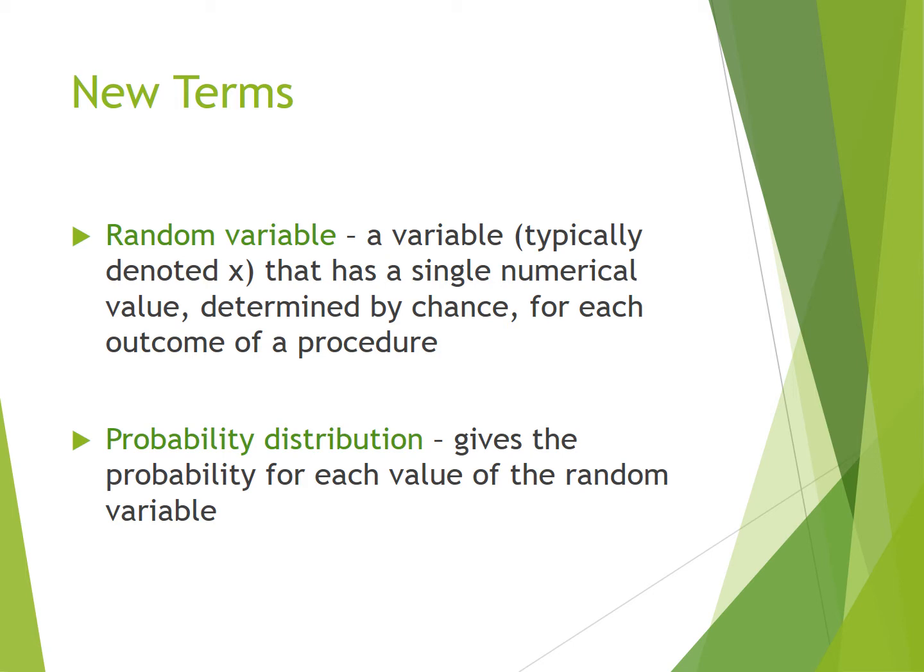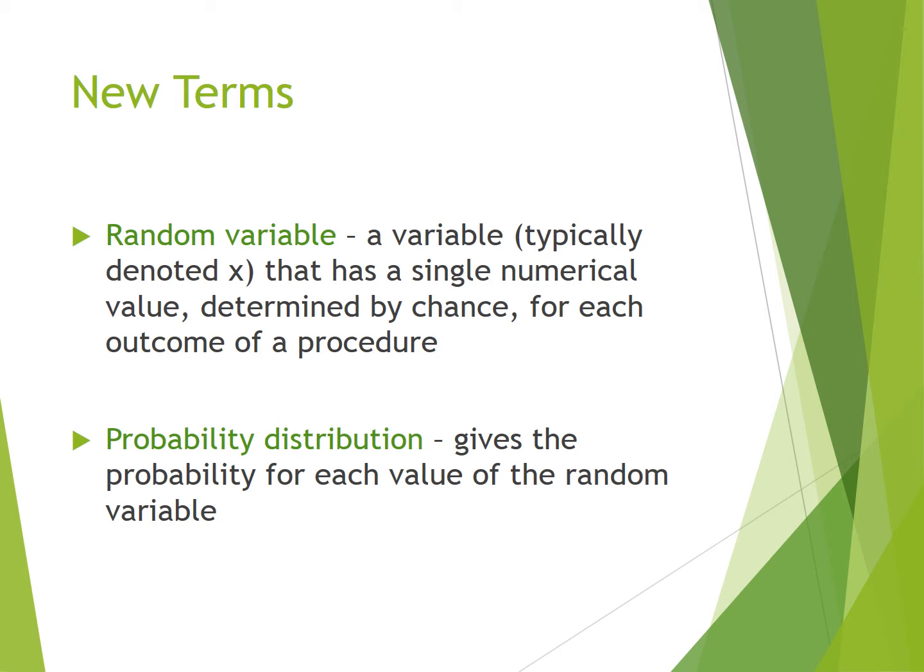The possible values for the random variable would be no girls out of 3 children, 1 girl, 2 girls, or 3 girls out of 3 children. So the random variable X can take on the possible values of 0, 1, 2, and 3.